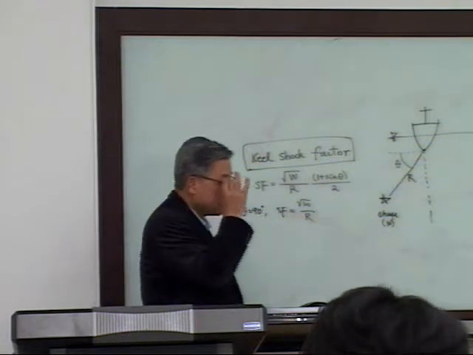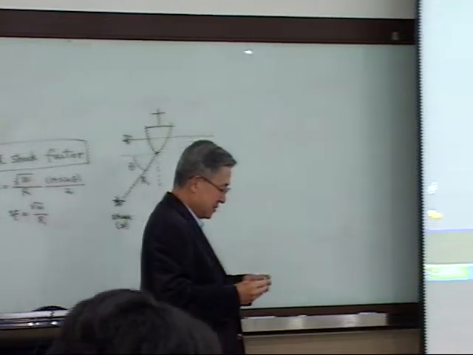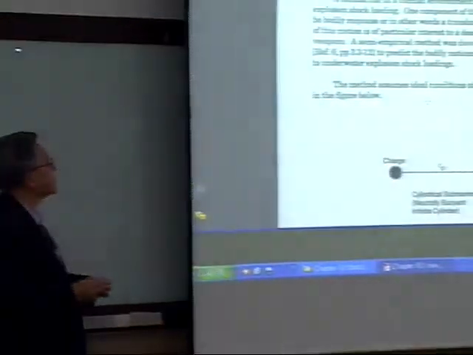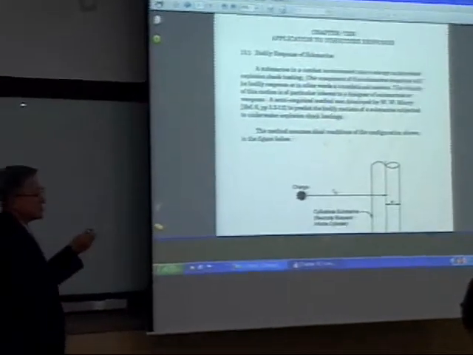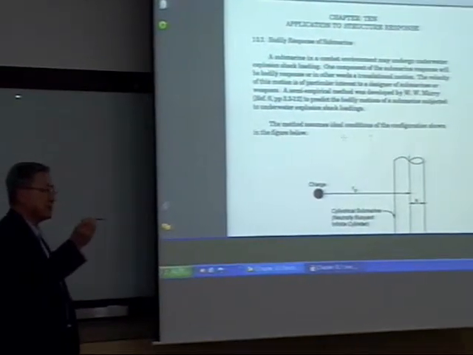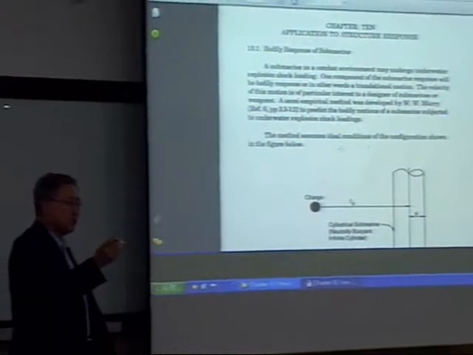If you look at this bodily response, let's say this is really submarine related. Then this is a submarine. Its beam-like structure is long.